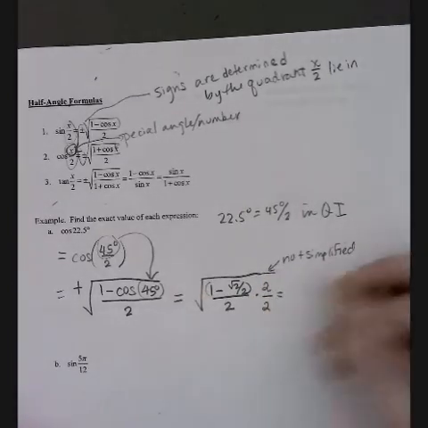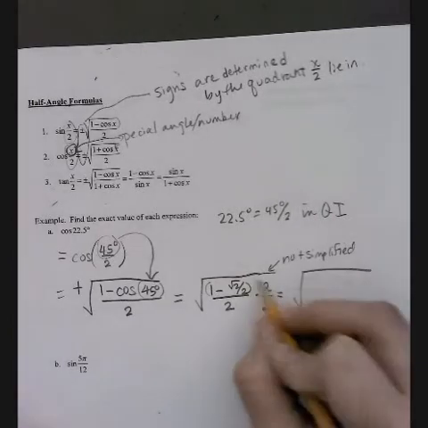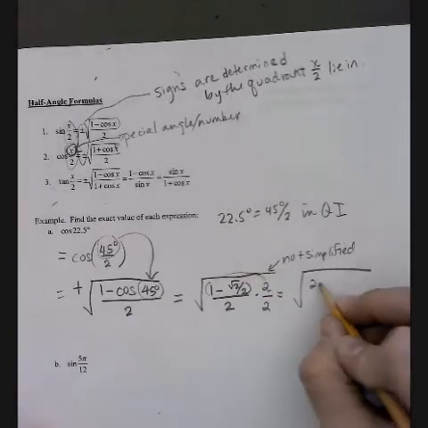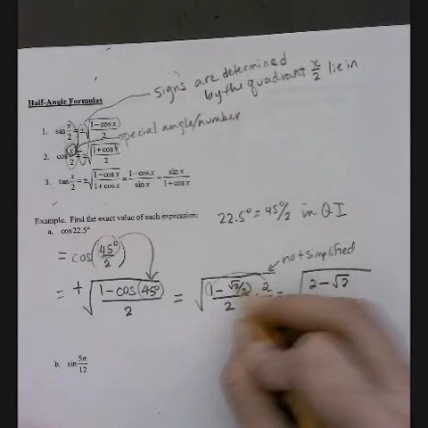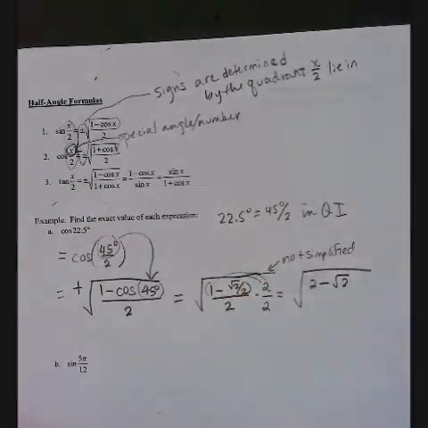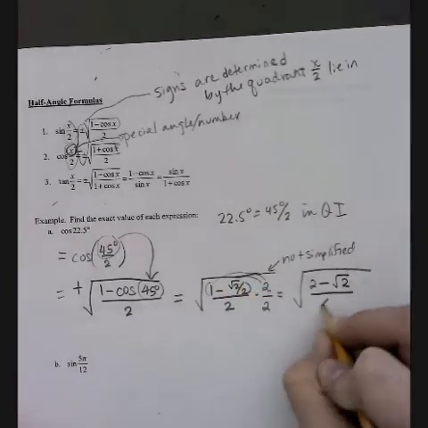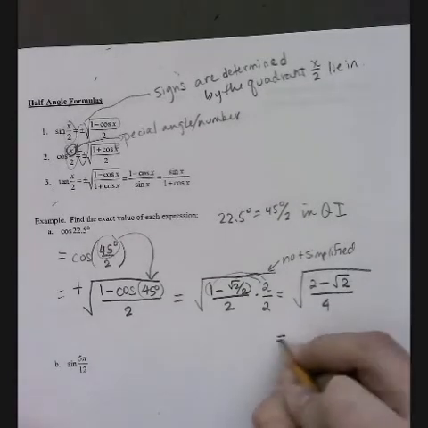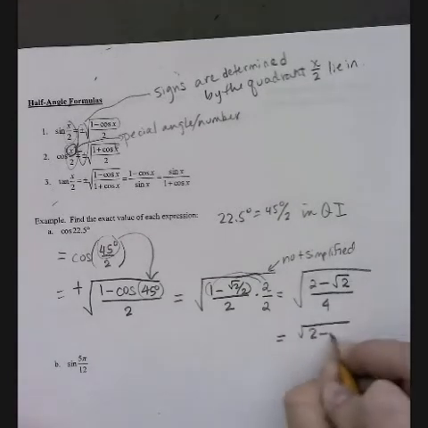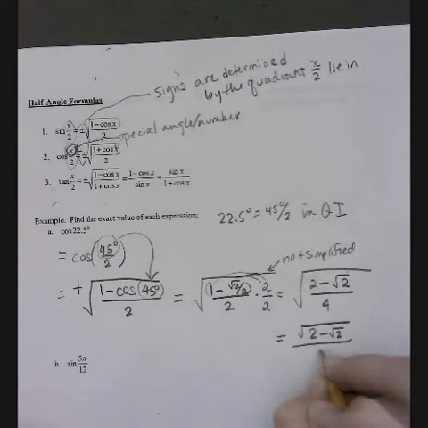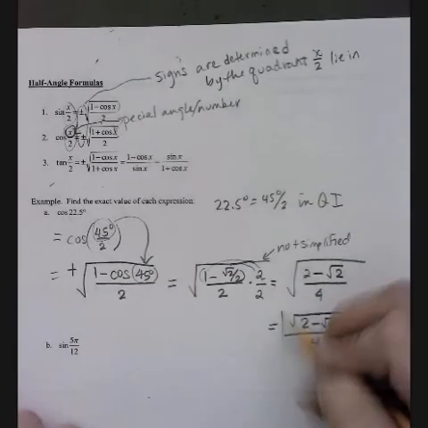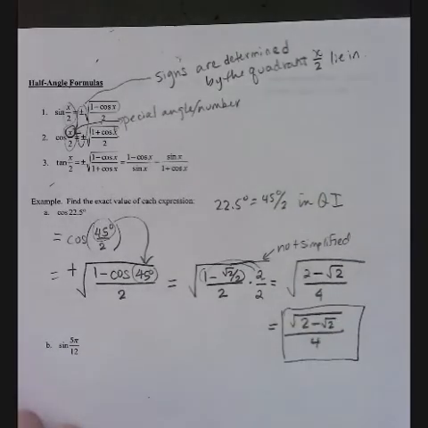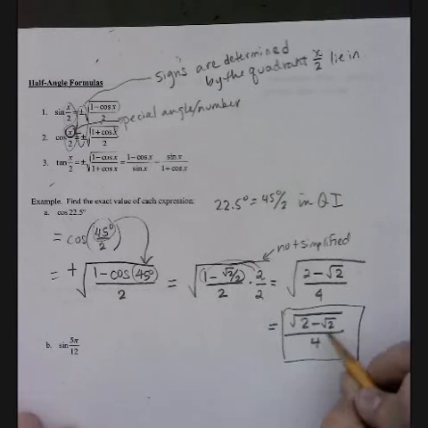So then it's the square root of, distribute the 2 minus the square root of 2 in the numerator, make sure you take 2 times both terms, all over 4, and then that's the square root of 2 minus square root of 2 over 4. So this would be the exact value. It's not a nice looking number. Notice it's got a radical under a radical. It's called a nested radical, or a nested square root in this case.